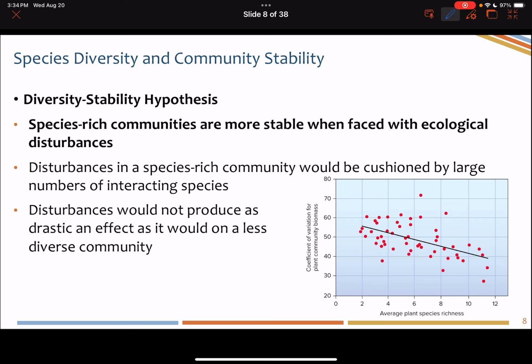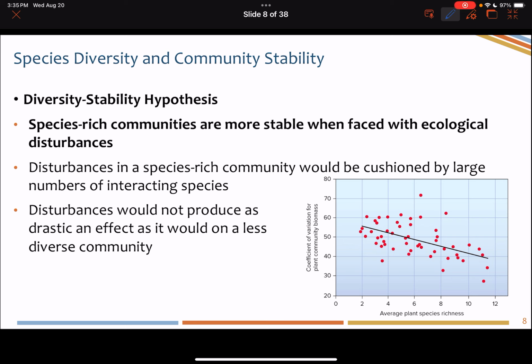And if we looked at a community that had far lower richness and far lower diversity, they're not going to be able to bounce back as quickly. You would see a greater shift in the makeup of that community. On the right, we have a graph that shows average plant richness.